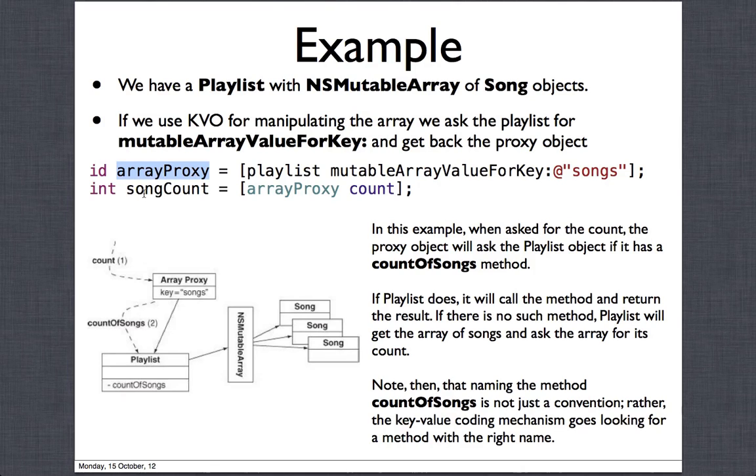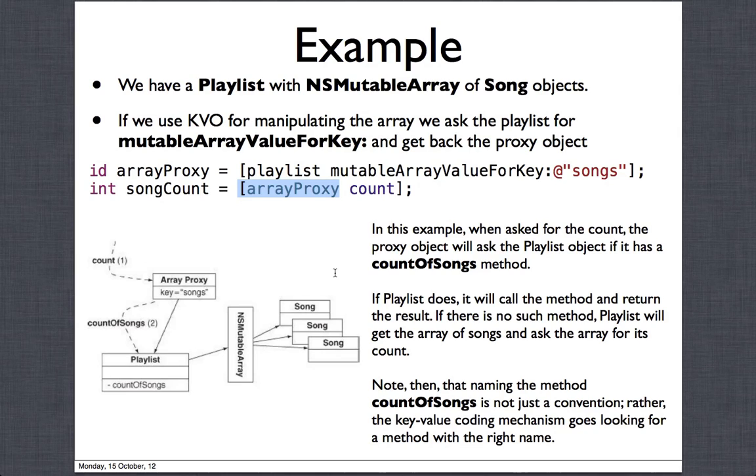So the next step, we want to get the number of songs in our array. So I'm asking my array proxy for count, and count is a simple method in array itself, but this is not an array, this is the array proxy.